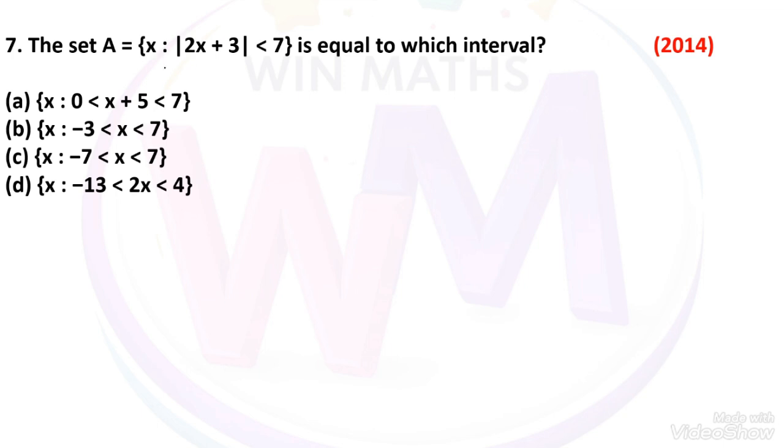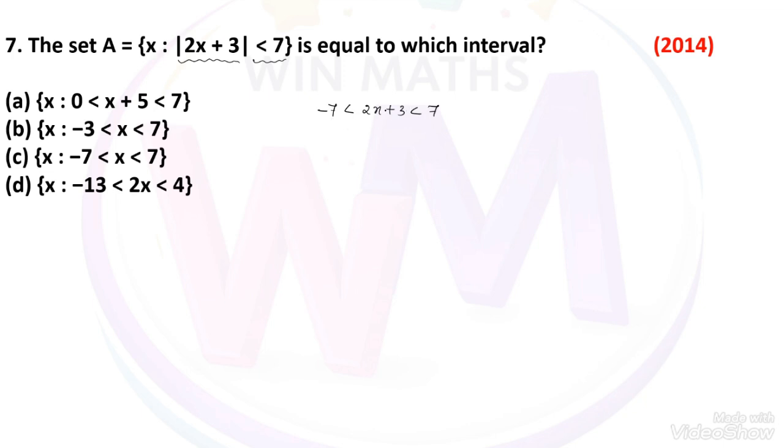Whenever a set or any object can be expressed in terms of intervals, the modulus function can be written as: on the left side take minus 7, strict condition, so minus 7 is less than 2x plus 3 less than 7. Now we have to find the value of x.